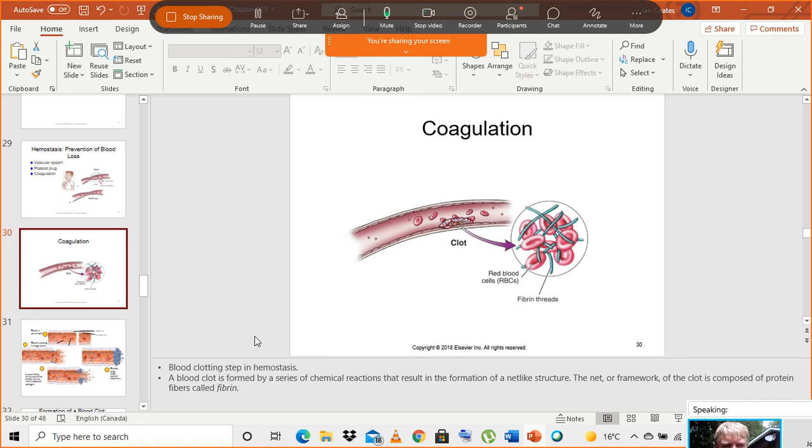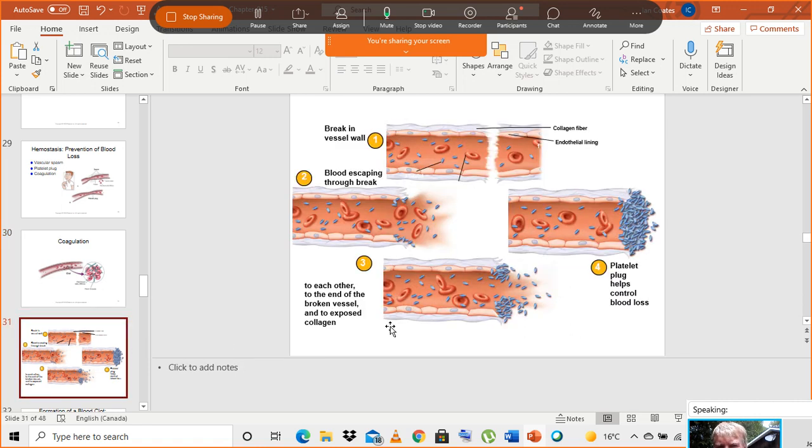Okay, and here's another shot of it. Y'all can have a look at this. 1, 2, 3, and 4. So there's a break in the vessel wall, and then we've got some leakage here. Things start getting out, and then what we've got is this coagulation, this conglomeration.